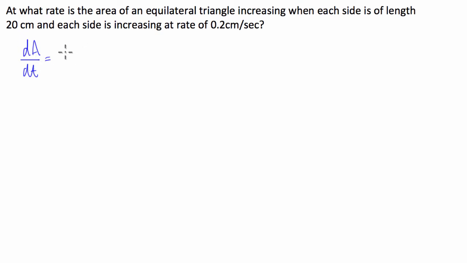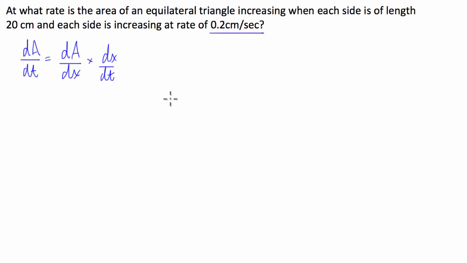So what we can use is dA/dx, where x is the side length of the equilateral triangle, times dx/dt. Now this here is the rate at which the side length is increasing, which they actually give you in the question.